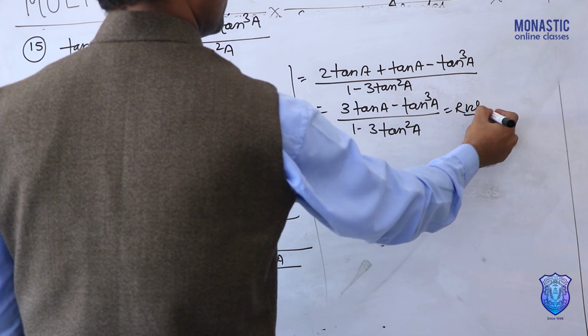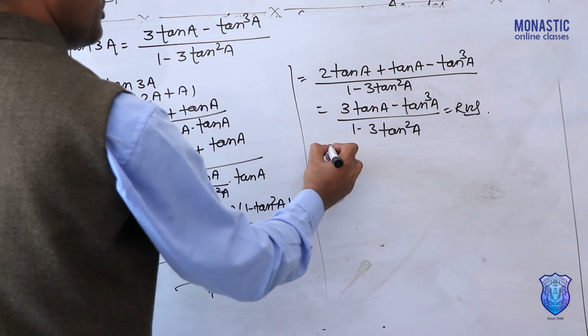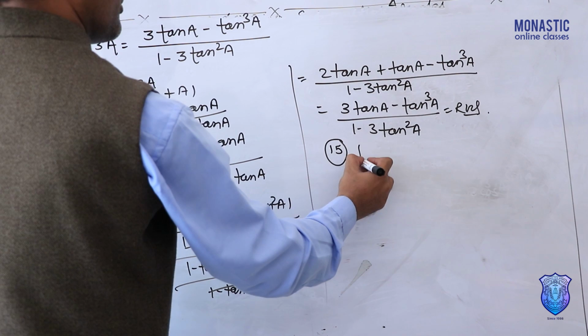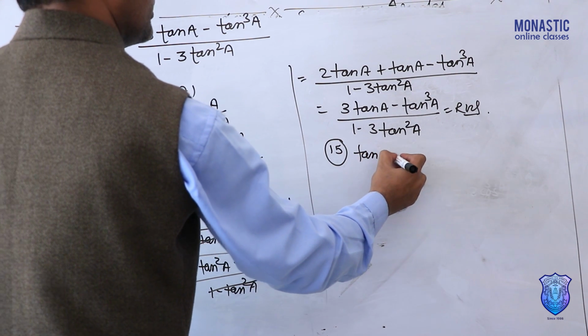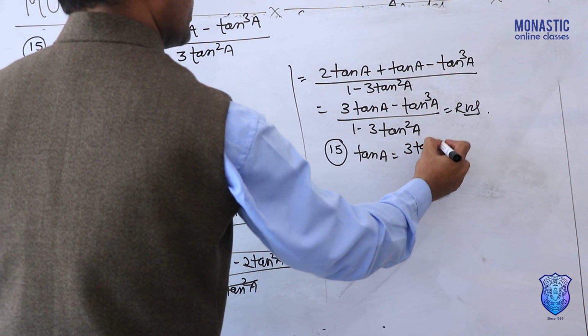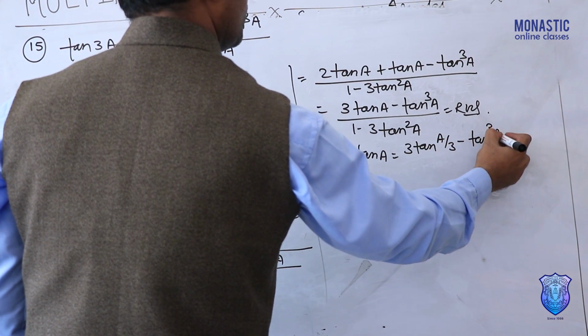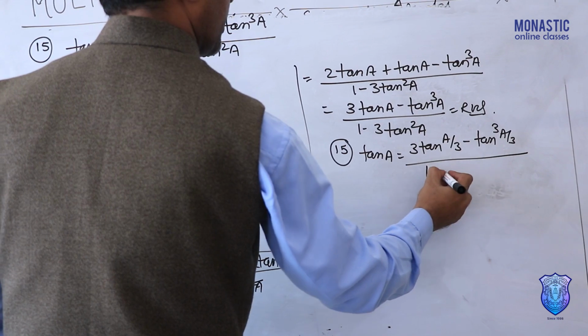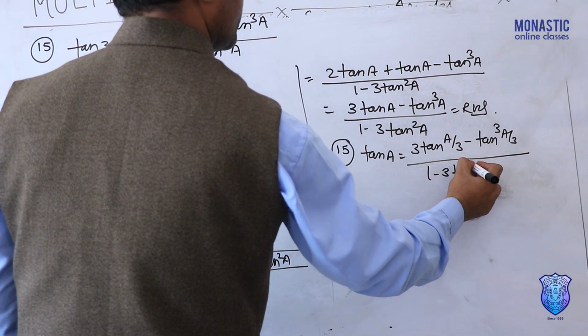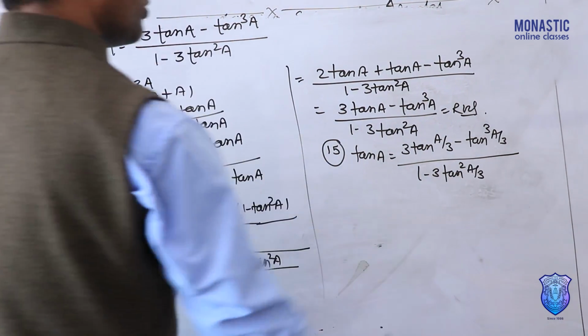That's the proof completed. And in submultiple, we have the formula tan A equal 3 tan A by 3 minus tan cube A by 3 by 1 minus 3 tan square A by 3.